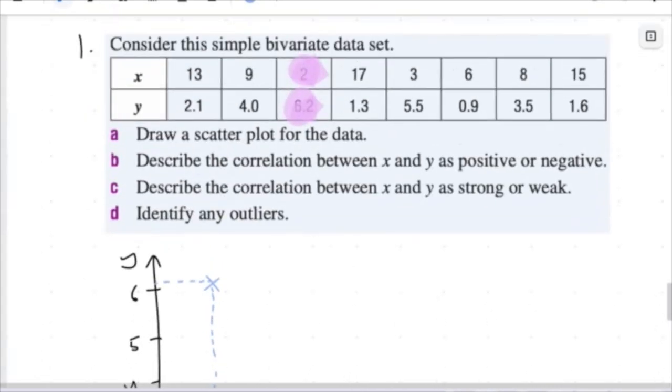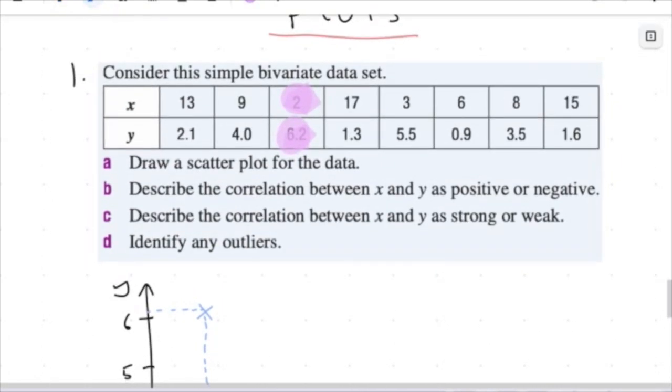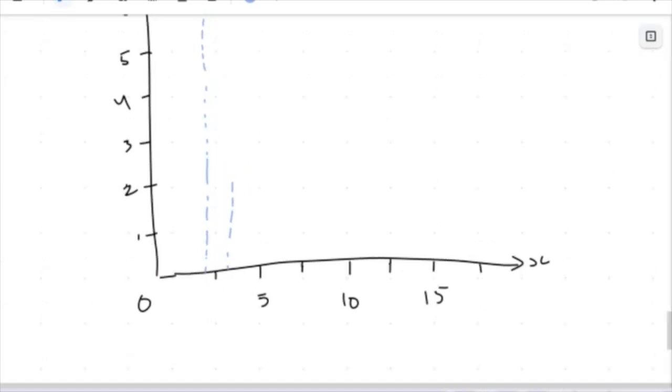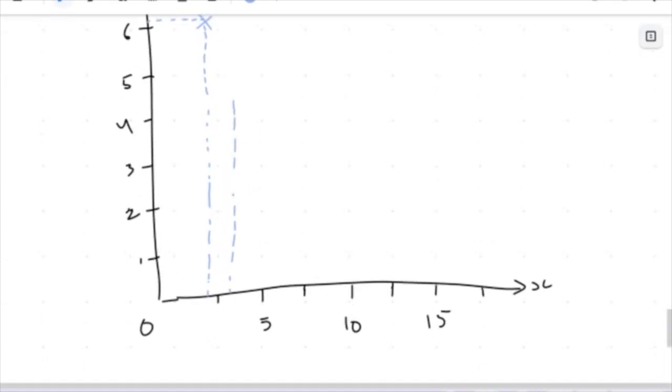This is just a recap of what we know about plotting points on a number line. Let's do the same thing for another one. So when x equals 3, y equals 5.5, so 3 is about here, and we will just go up until we hit about 5.5, which is roughly here, and that's our next data point.